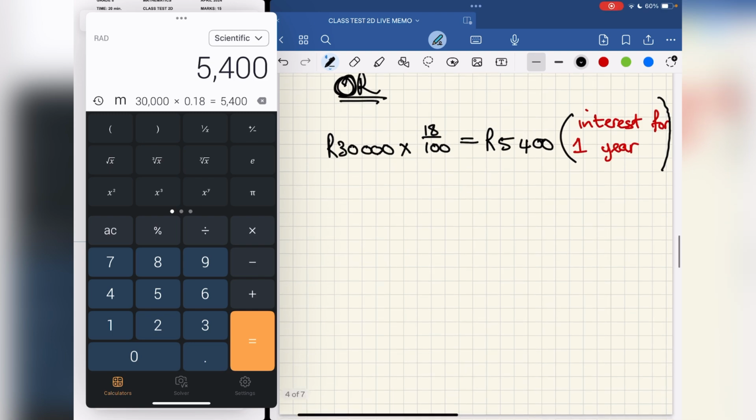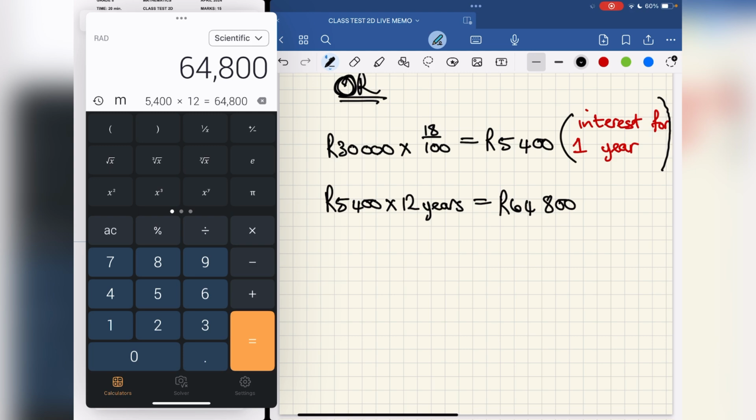So if I want interest for 12 years, I will take my 5,400 Rand and multiply it by 12 years. And that will give me 64,800 Rand, because that's the total interest.